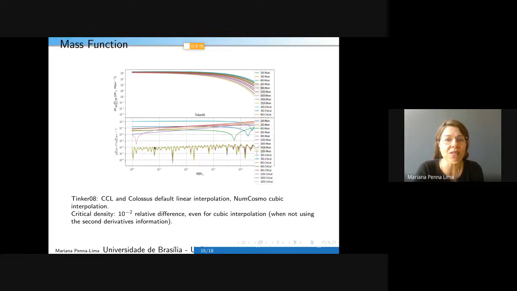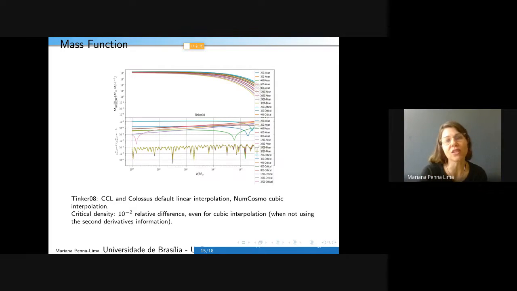So the results, and here, even where this is an updated plot, we get a relative error of about 10 to the minus 6 between CCL and NumCosmo, and this is considering the mass definition defined by the mean density. And here's the difference in the results when you consider the critical density. So I would call your attention to this, because you can use both.